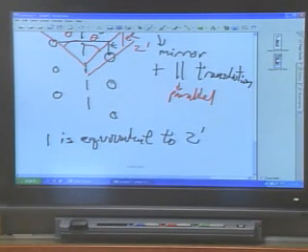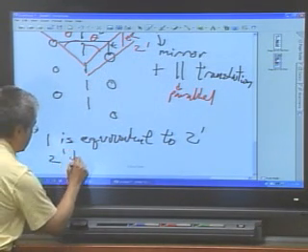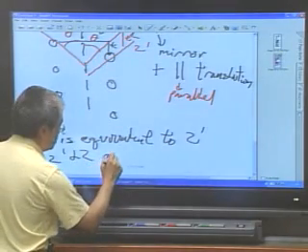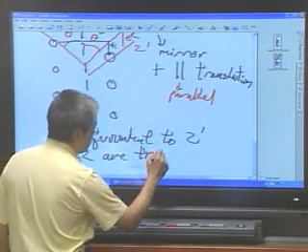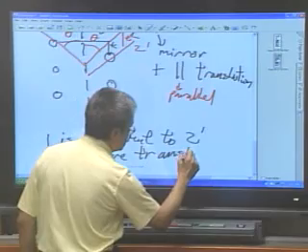However, the only difference between 2' and 2, they're simply translated with respect to each other.